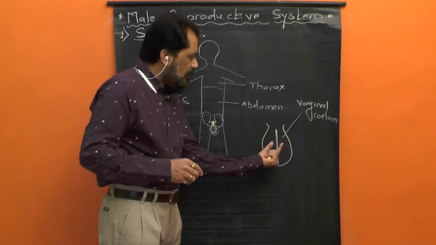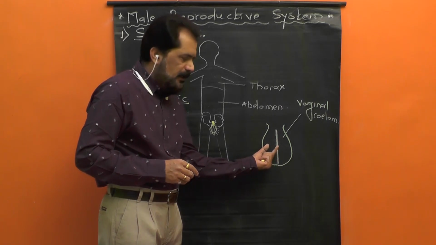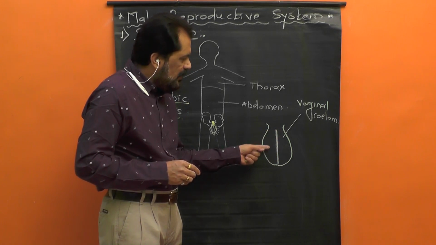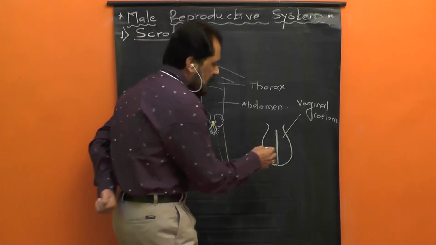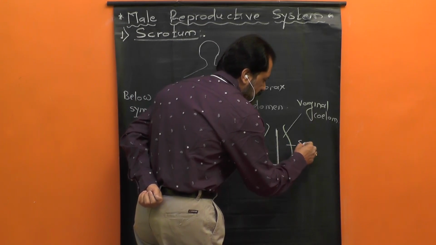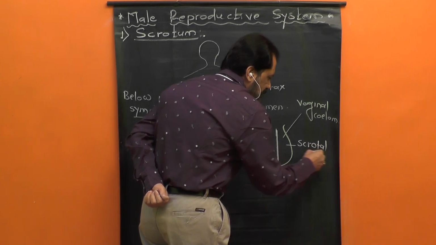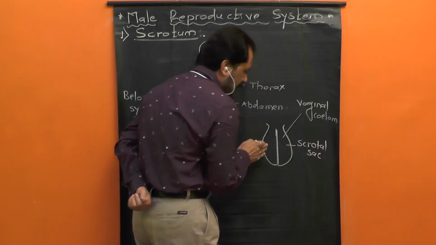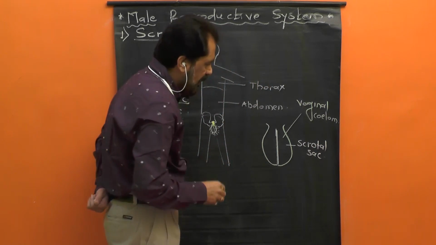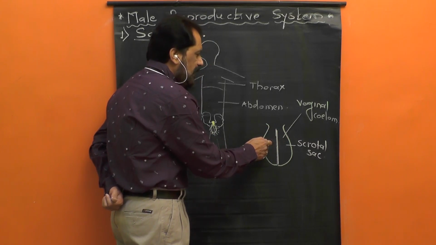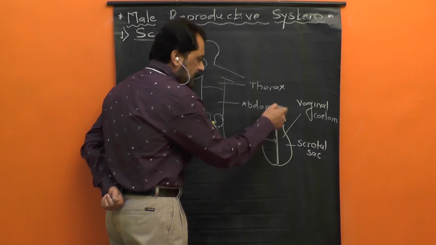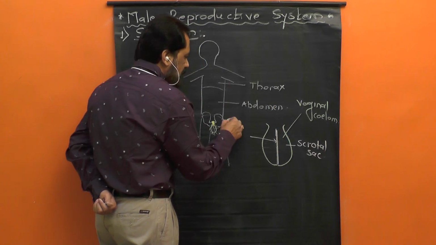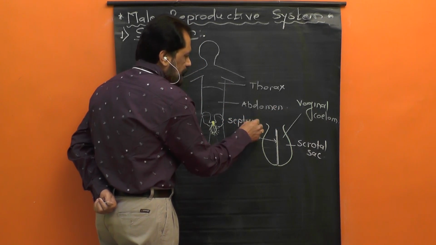So the cavity of the scrotum is internally divided into left and right scrotal sacs. We can say this is the left scrotal sac, this is the right scrotal sac, and these two scrotal sacs are separated from each other by means of a vertical septum known as the septum scroti.